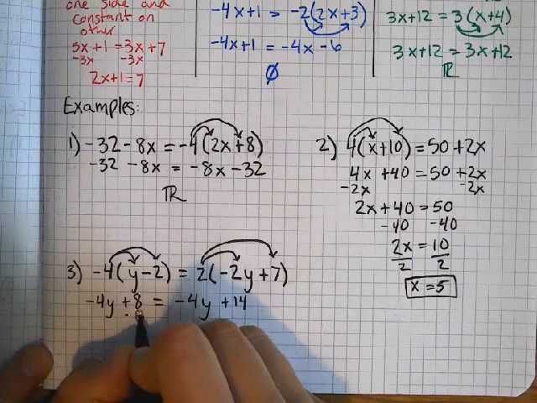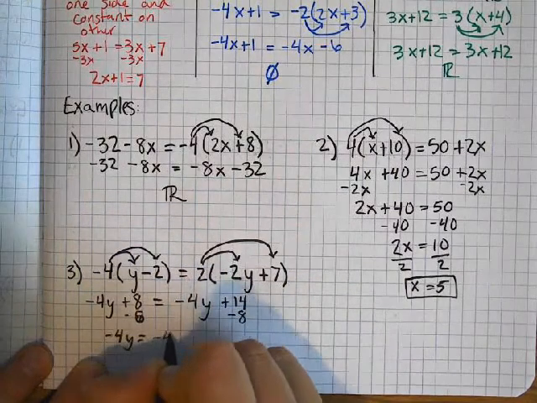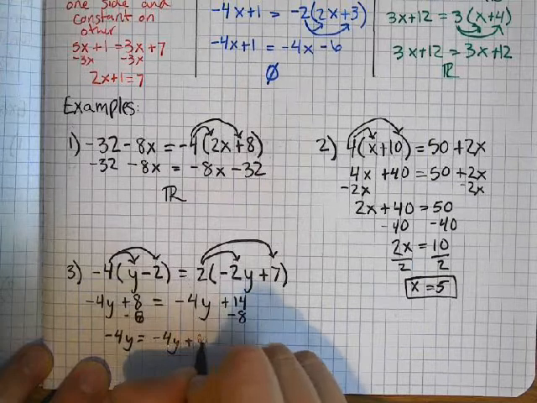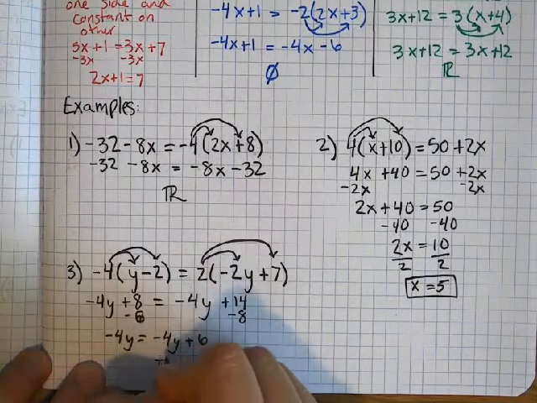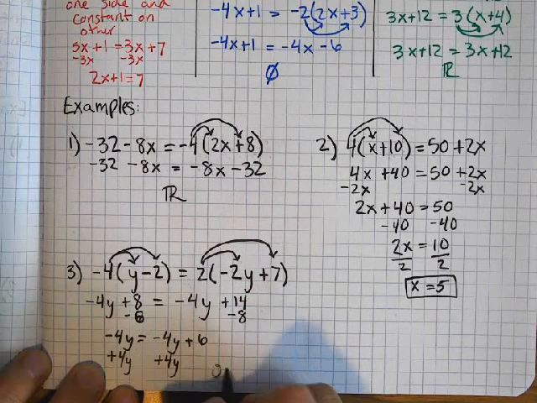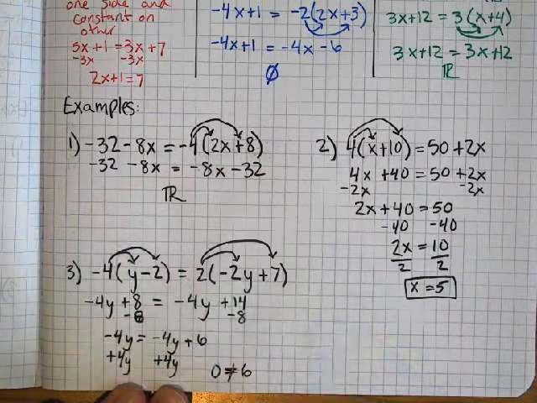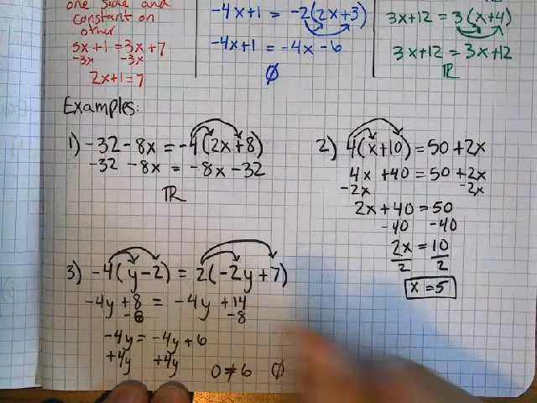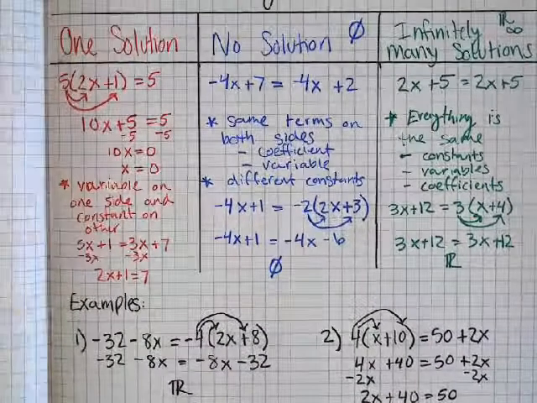Okay. So I'm going to subtract 8 on both sides, and get negative 4y equals negative 4y plus 6. And then hopefully we can see, oh yeah, after I add my 4y, I'm just going to get 0 equals 6. And hopefully we all know that's not true. So this would be no solution.